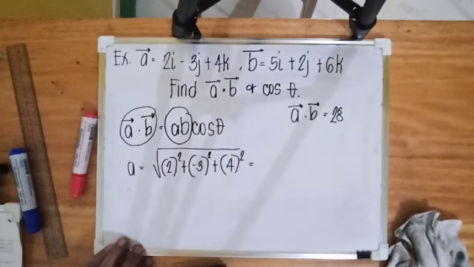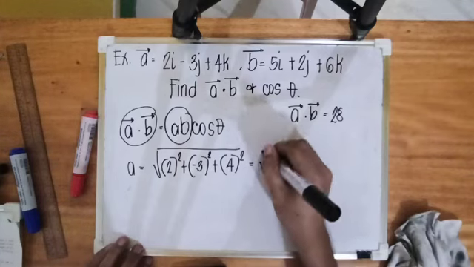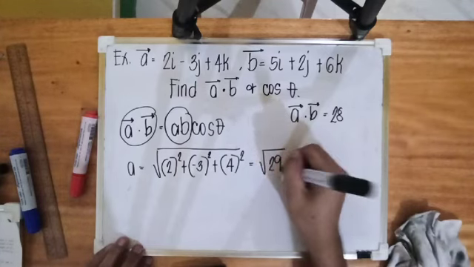So the magnitude of our vector A is equal to the square root of 2 squared plus negative 3 squared plus 4 squared, which is equal to the square root of 29.